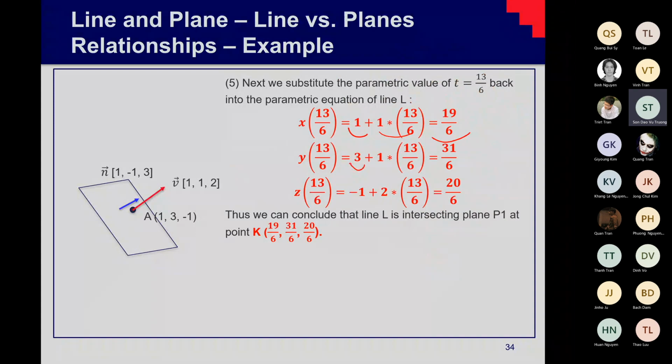Y equals 3 plus t, and that is 31 over 6. And z will be -1 plus 2t, and that is 20 over 6. So the point K will be (19/6, 31/6, 20/6), and that is the location of the intersection between the line and the plane.